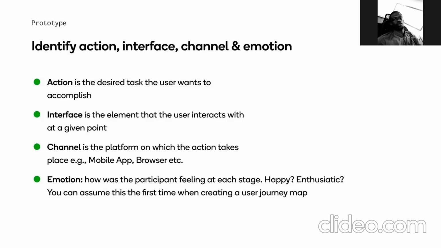So what actions are they taking? What channels are they taking these actions on? Is it a mobile browser? Is it on Chrome? Is it on Safari? These are the things that you will take into consideration because these channels have different designs. They have different elements. Safari browser looks very different from a Chrome browser, and they both look different from an Edge browser.